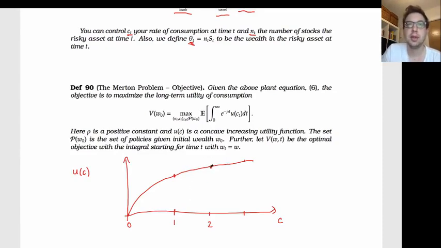So on average, if I draw a line between those 2 points, then the average I would get would be this point here, so halfway between the utility from 2 and the utility from having 0. And you can notice that that lies beneath the utility I get from 1. So that suggests I'm, as they say, risk averse.